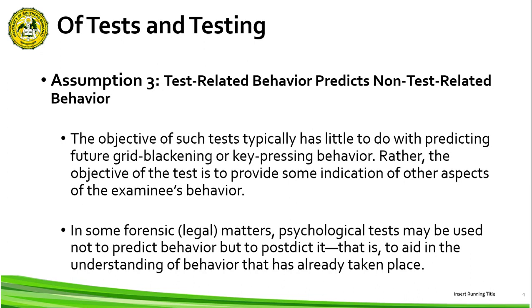In some forensic or legal matters, psychological tests may be used not to predict behavior but to post-dict it. That is, to aid the understanding of behavior that has already taken place. The obtained measures or sample of behavior can also be used to make predictions about future behavior.